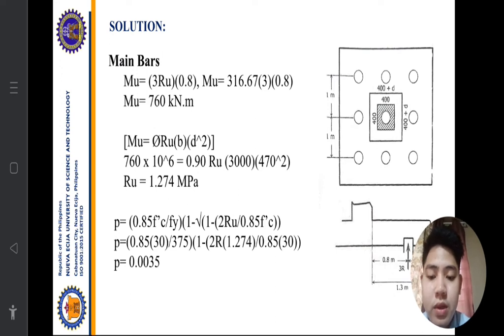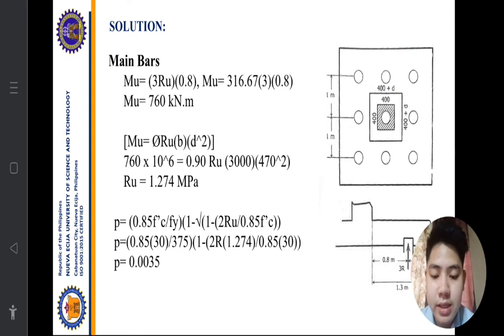Mu is also equivalent to reduction factor times Rn times b times d raised to 2. Therefore, 760 times 10 raised to 6 is equivalent to 0.9 Rn times 3,000 times 470 raised to 2. The value of Rn is going to be 1.274 megapascals.